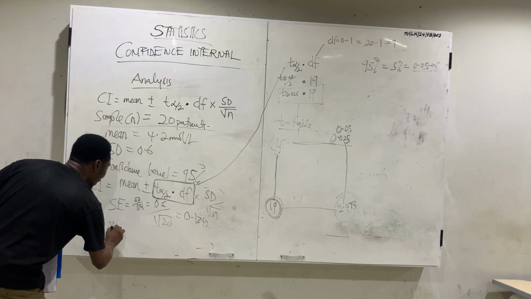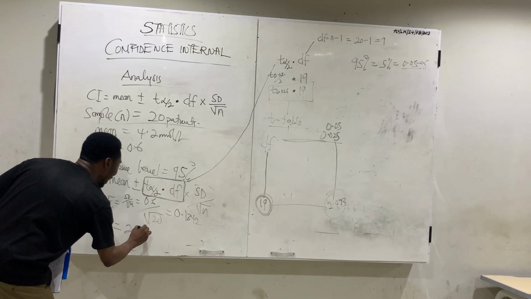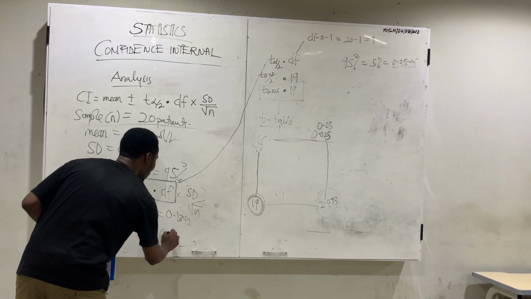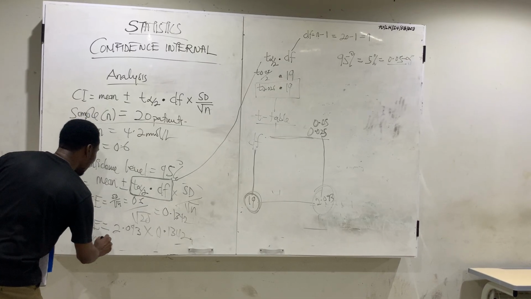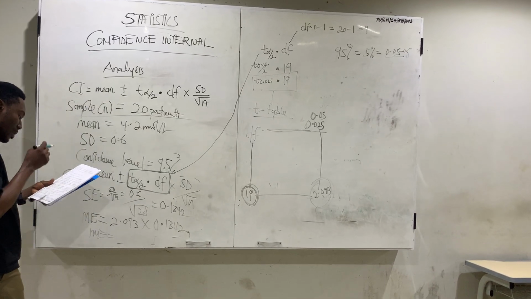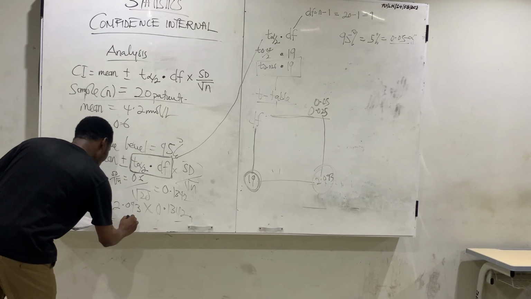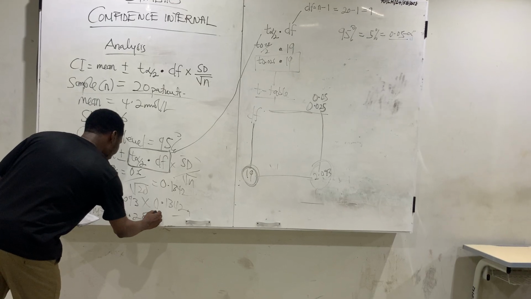So margin of error is equal to 2.093 times 0.1342. Then you do the calculation. So ME will be equal to 0.28088.